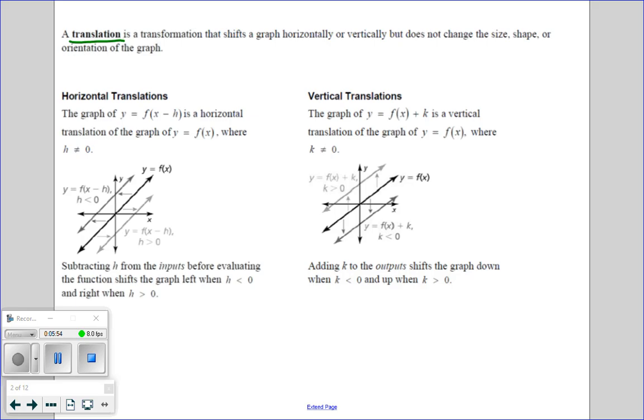That's going to happen anytime you add or subtract a number to your function. So the translations happen when we add or subtract a number.